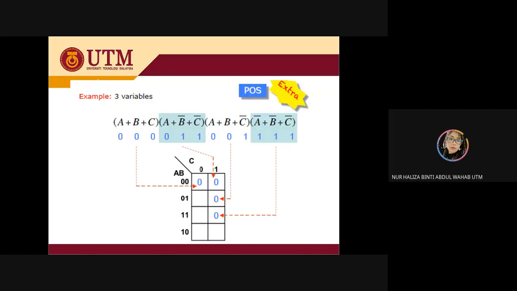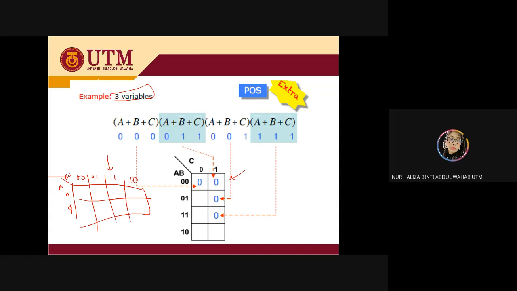So now you have a POS example here. Here you have 3 variables. For 3 variables, you can draw like this. You can also draw a similar thing to what I drew just now. A, B, C, 0, 0, 1, 0, 0, 0, 1, and 1, 1, 1, 0.